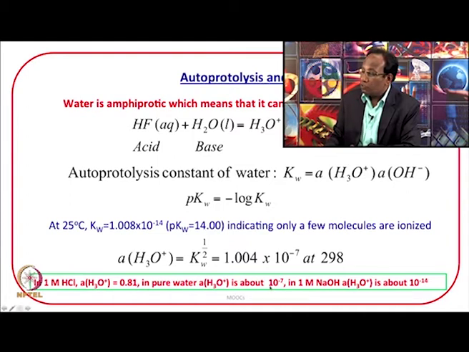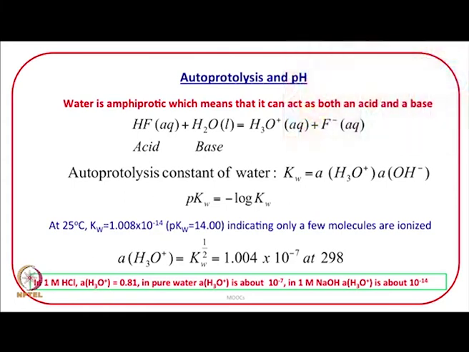Here the activity is 10 raised to the power minus 7. Here the activity of hydronium ion is 10 raised to the power minus 14. Therefore, there is a need to develop a new, simpler scale which should depict the value of the activity of hydronium ion in a simpler manner, and that is the pH scale. The pH scale is very important, and we will discuss it in the next lecture.